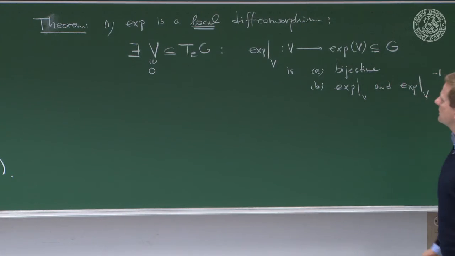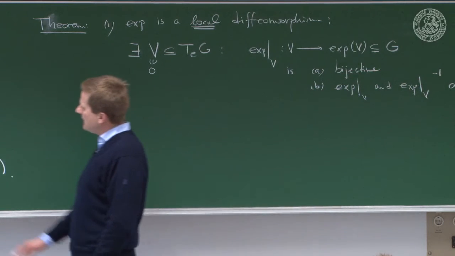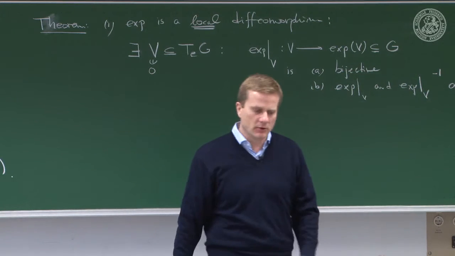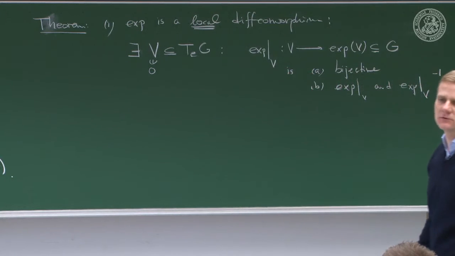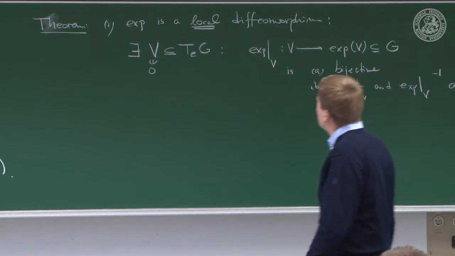So that's a local diffeomorphism. It means by knowing the Lie algebra, we understand the neighborhood of the identity of the group. Some neighborhood. Could be a large neighborhood.